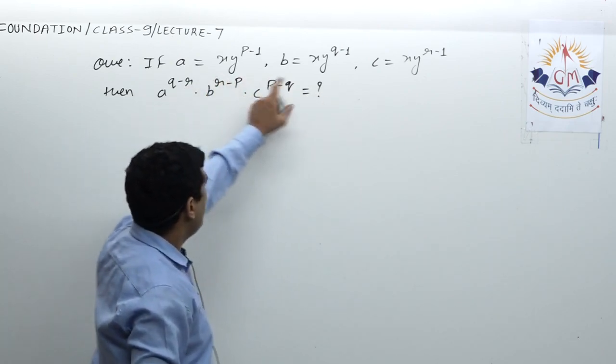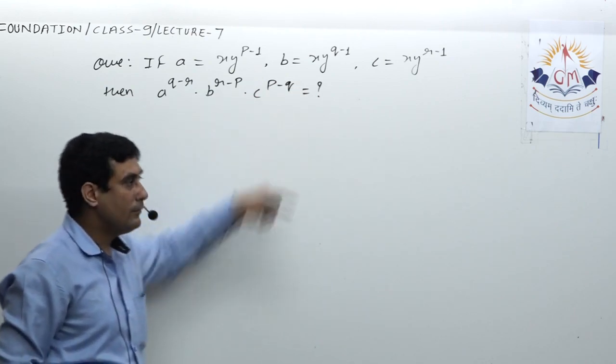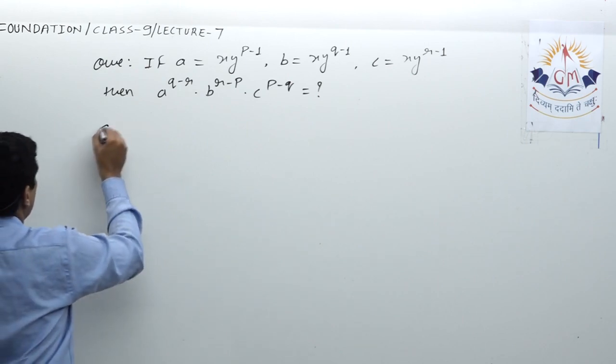Okay, values of a, b, c are given and you have to find the value of this expression. Okay, so let us see its solution.